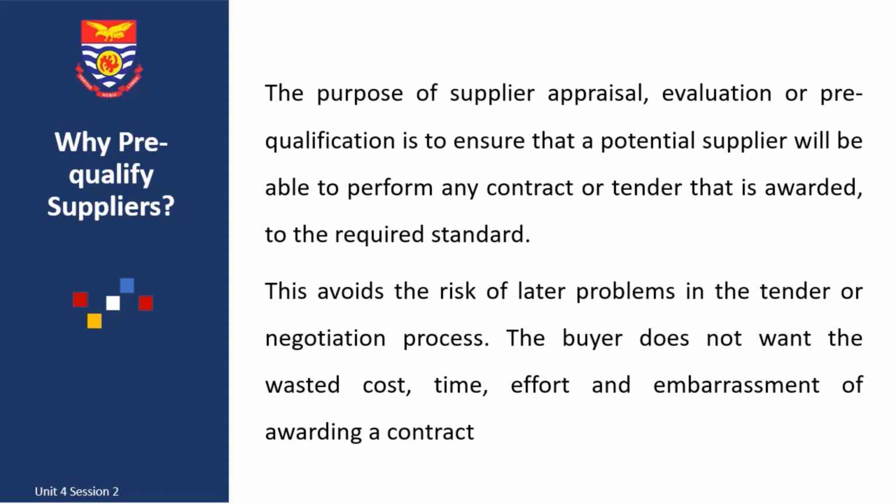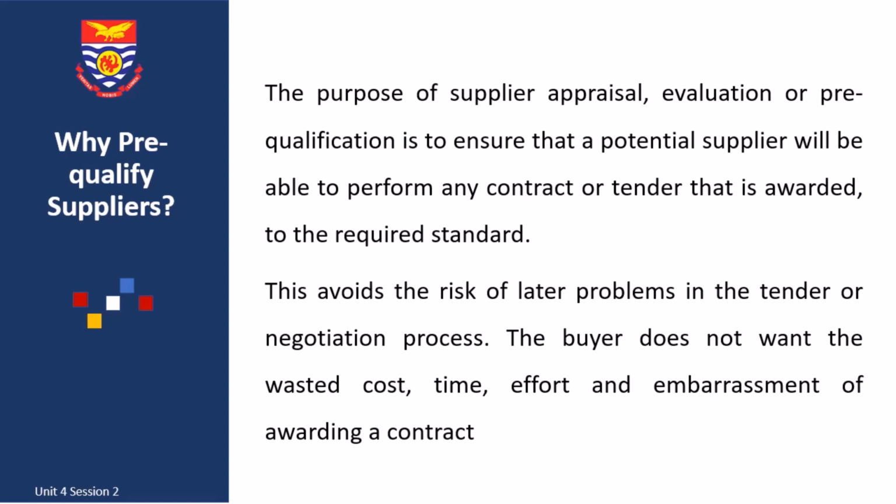The buying organization does not want the wasted time, cost, effort, and embarrassment of awarding a contract to a tenderer who subsequently turns out to lack capacity or technical capability to handle the work, or turns out to have systems and values that are incompatible with the buying organization, or even turns out to be financially unstable and unable to complete the work because of cash flow issues or financial problems, which makes it impossible for them to supply our requirements.